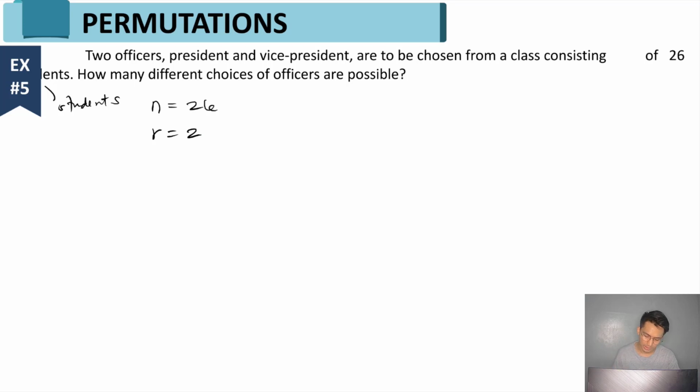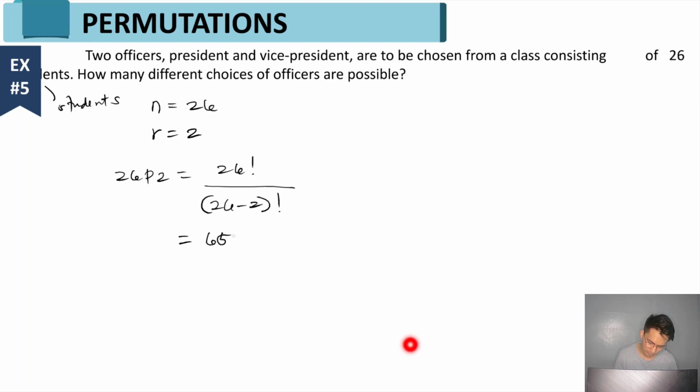So, lagay natin sa formula, we have 26P2 is equal to 26 factorial over 26 minus 2 quantity factorial, and calculating, malalaman na agad natin yung value, 650 choices or ways.